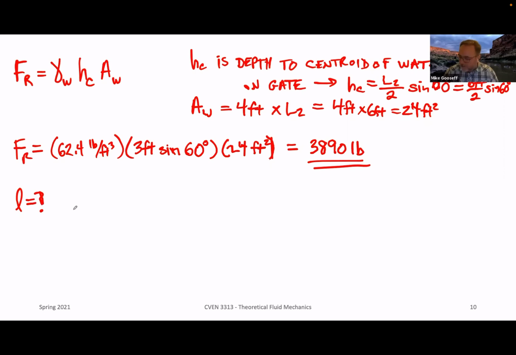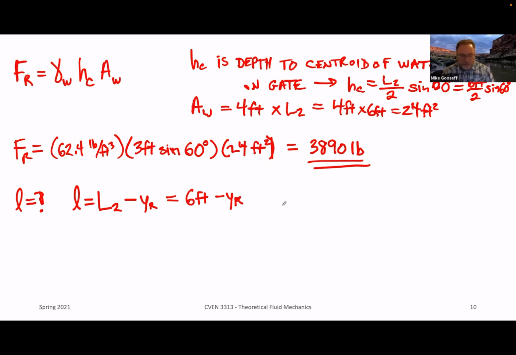All right. L, we're going to say, is equal to some L2 length minus this y sub r value, which is the reference length to the location of action of F_R. We already know what L2 is, so we can write this as 6 feet minus y sub r, and y sub r is the value we need to solve for to figure out little l.